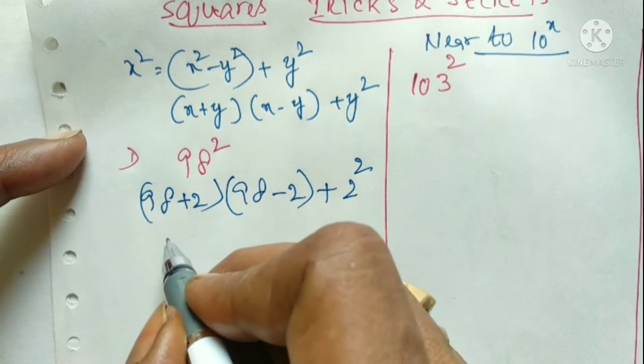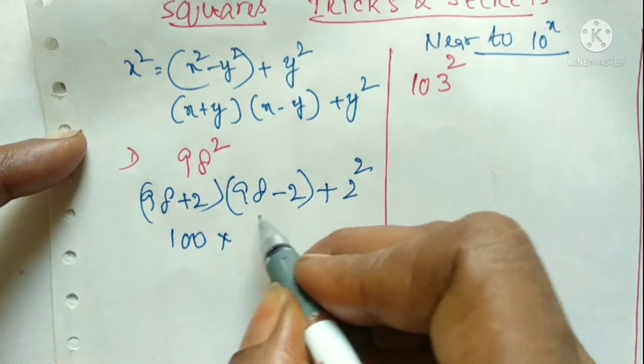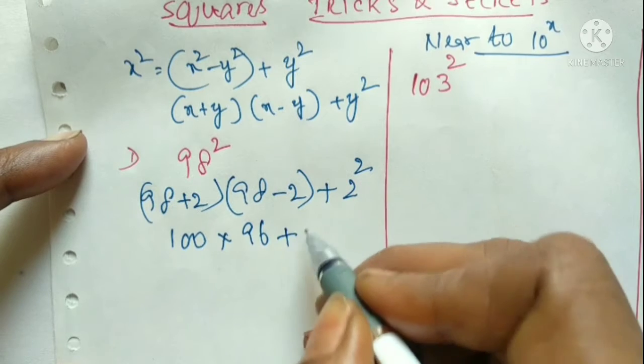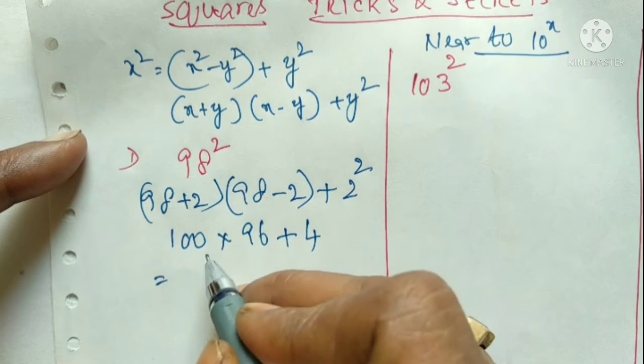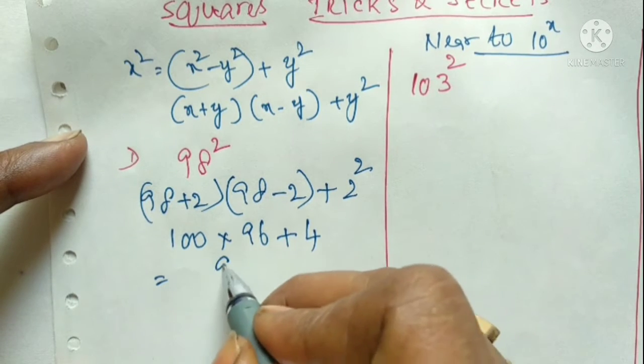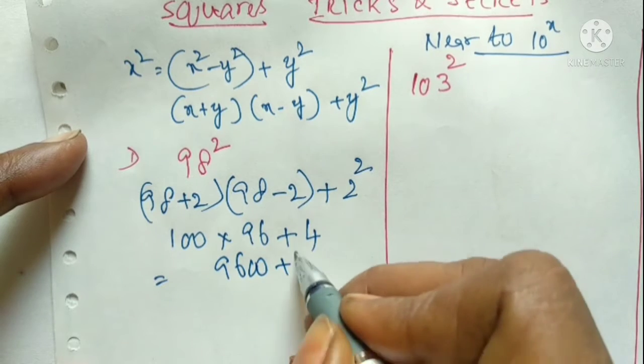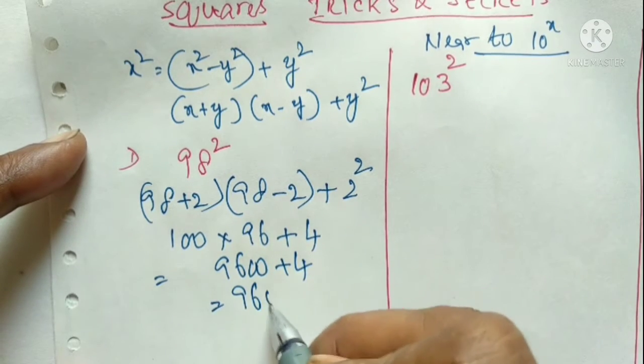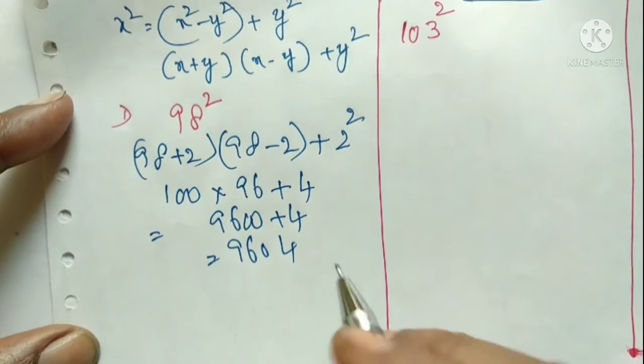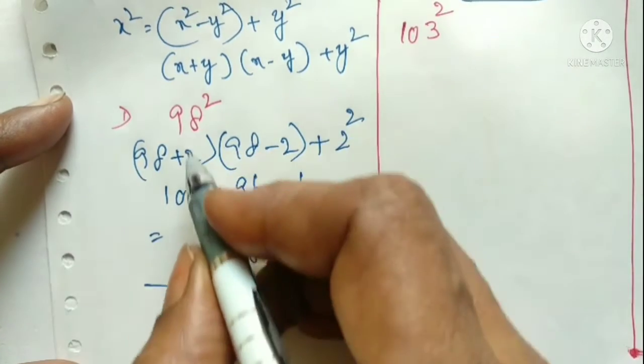Now 98 plus 2 is 100 multiplied by 96, plus 4. So this is very simple. 100 into 96 is 9600 plus 4. It is 9604.